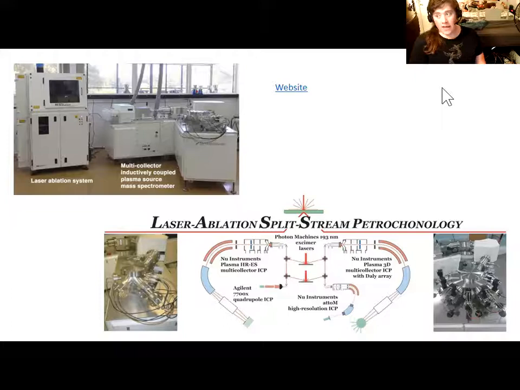So what does this do? A laser is shot at the sample, and the sample is volatilized. It becomes an ionized gas, essentially a plasma. And the different elements inside of the crystal can still be read.